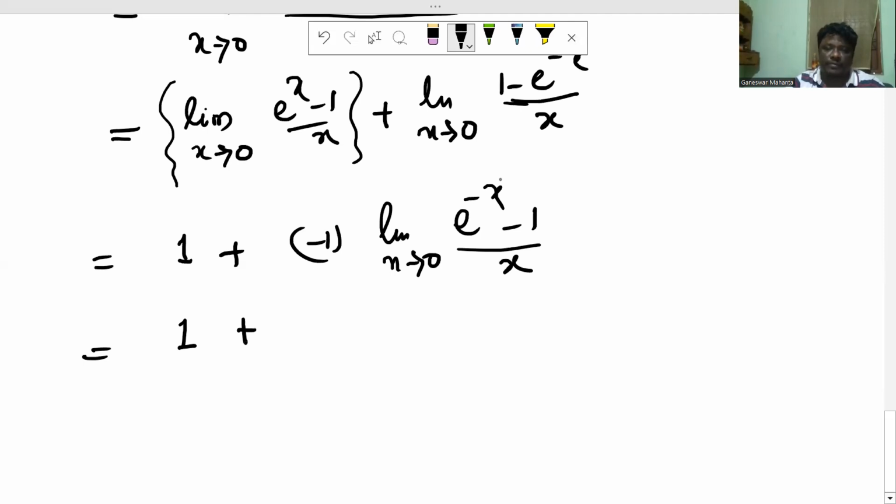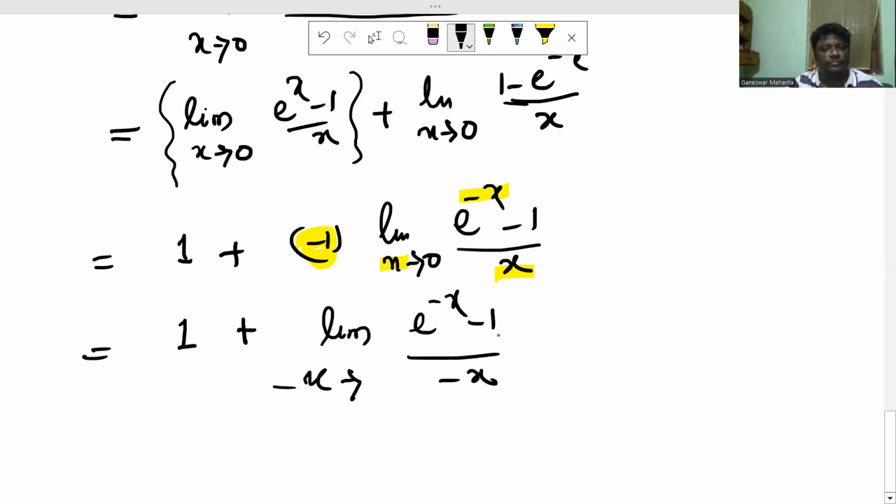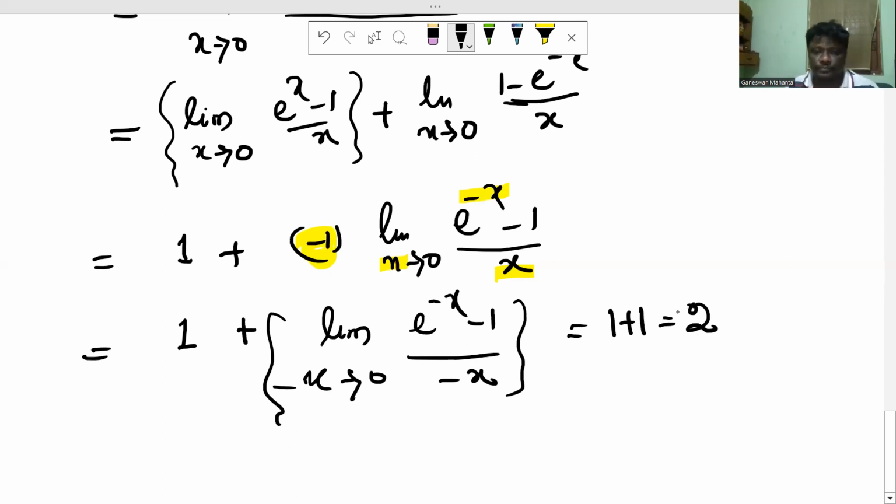So this minus 1 can be multiplied with the x, giving (e to the minus x minus 1) by minus x, where minus x tends to 0. Now see, this is the 1. 1 plus 1, that is 2. That is the value of the function.